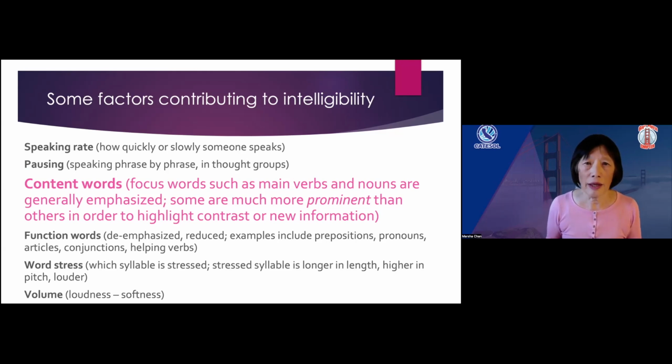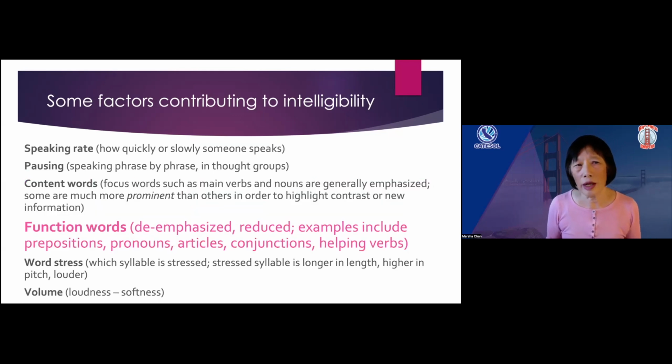And these are emphases that lots of times our speakers who are learning English don't capture and put into their outgoing oral speech, so that listeners get the main idea. What's the prominent idea? Function words, on the other hand, are de-emphasized. They're reduced. And examples include prepositions, pronouns, articles, conjunctions, and helping verbs.